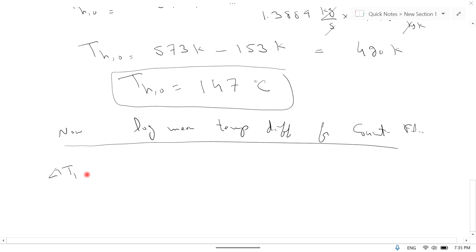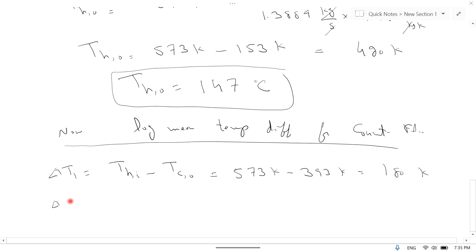So del T1 is equal to temperature of hot water inlet minus temperature of cold water outlet, which is equal to 573 Kelvin minus 393 Kelvin, which is equal to 180 Kelvin.